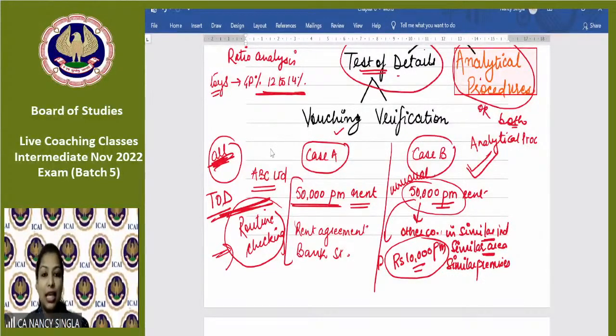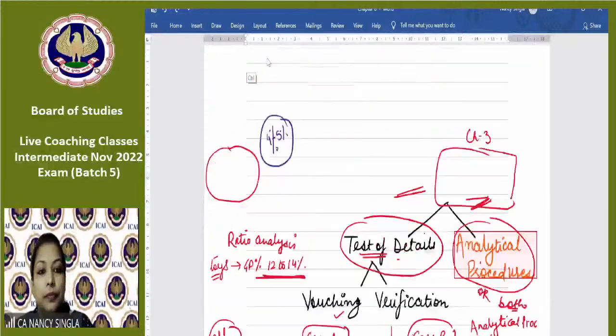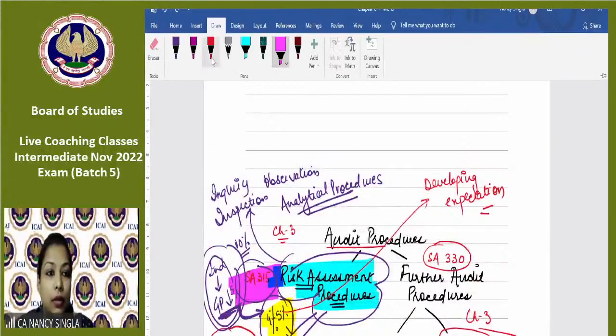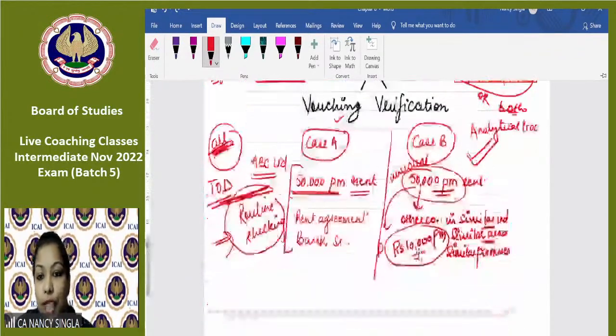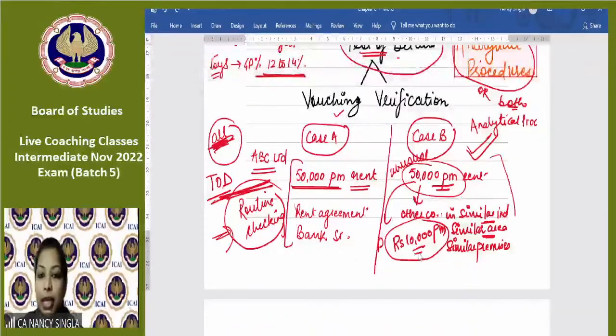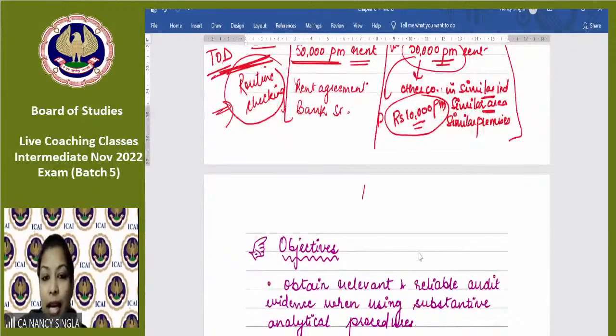So students, see, I can say now, when the auditor compared this data, 50,000 companies paying, 10,000 others are paying, this is a kind of attention directing process.